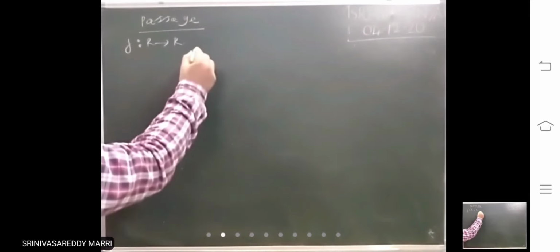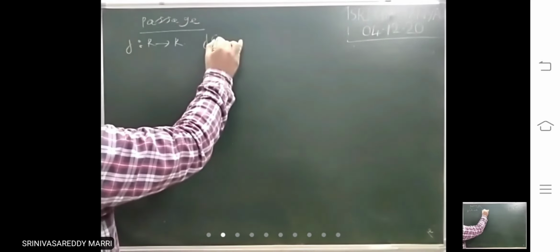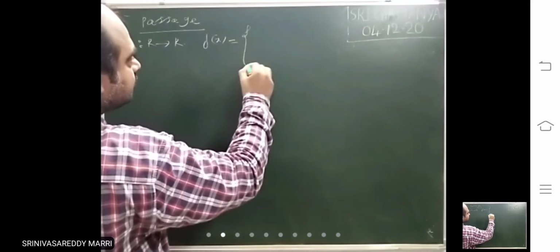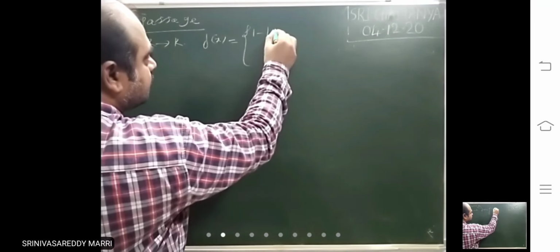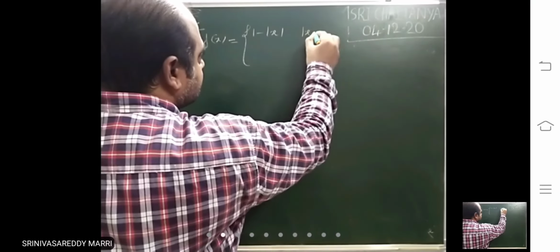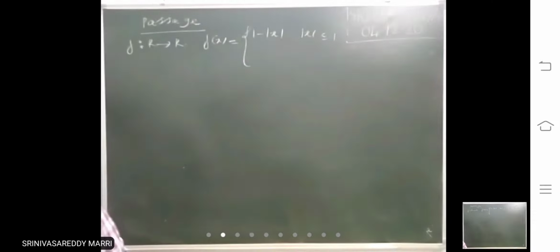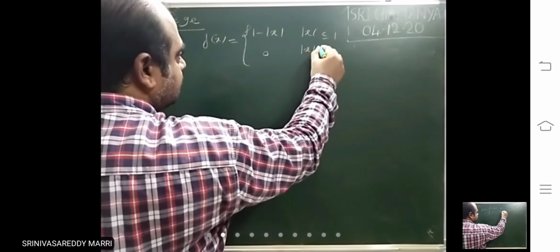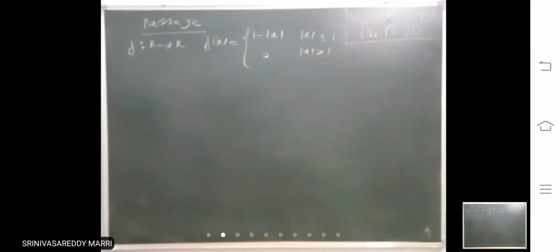Define one function like this. f maps R to R, defined like this: f of x equals 1 minus modulus x when modulus x is less than or equal to 1, and 0 when modulus x is greater than 1.